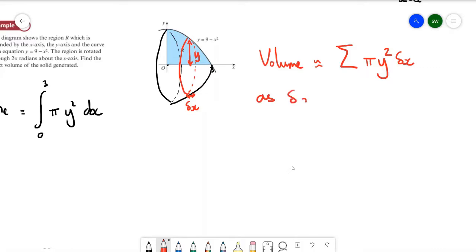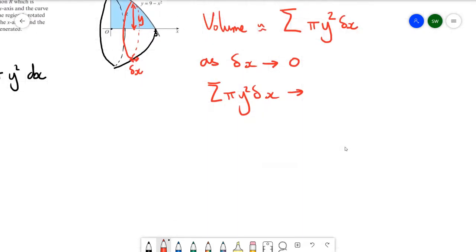So as delta x tends towards 0, the sum that we've got here is going to become the integral. So the sum of all of the cylinders will be the integral of pi y squared dx, which is going to be equal to the volume.